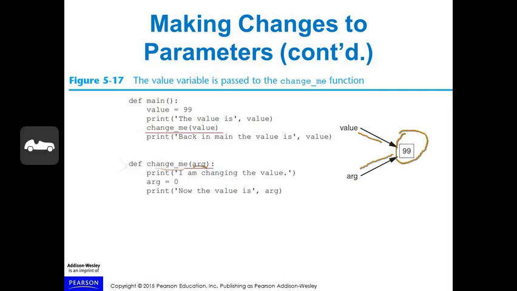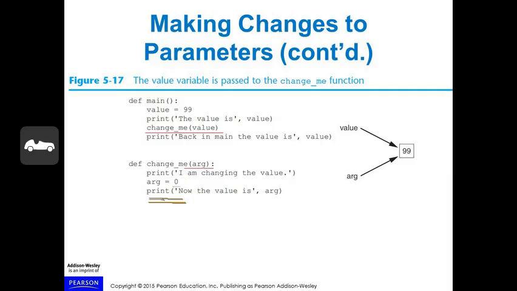It will print, I'm changing the value. And then it assigns 0 to arg. So now arg is 0. And this line of code will print, now the value is 0. Okay, so when this is done, that's the end of the execution of the change me function.